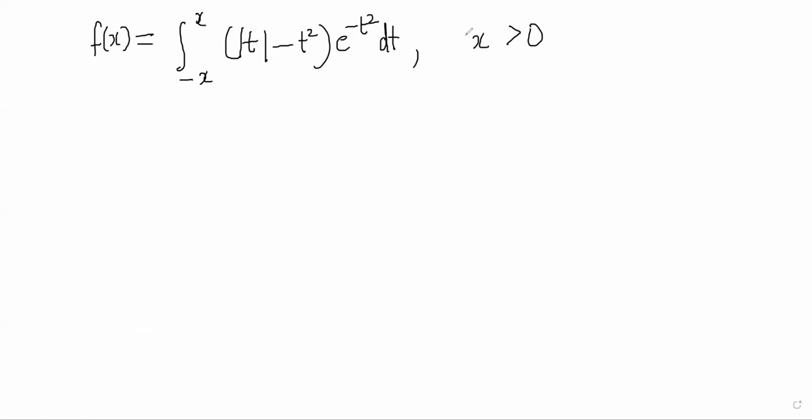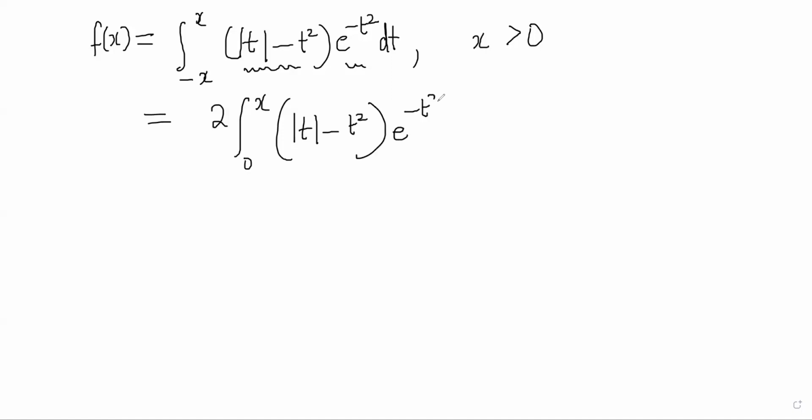You can realize that this is an even function. If you replace t with minus t, nothing changes in this integrand. Mod minus t is the same as mod t, and t square remains unchanged. So we can write it as twice the integral from 0 to x of mod of t minus t square, e power minus t square, dt.